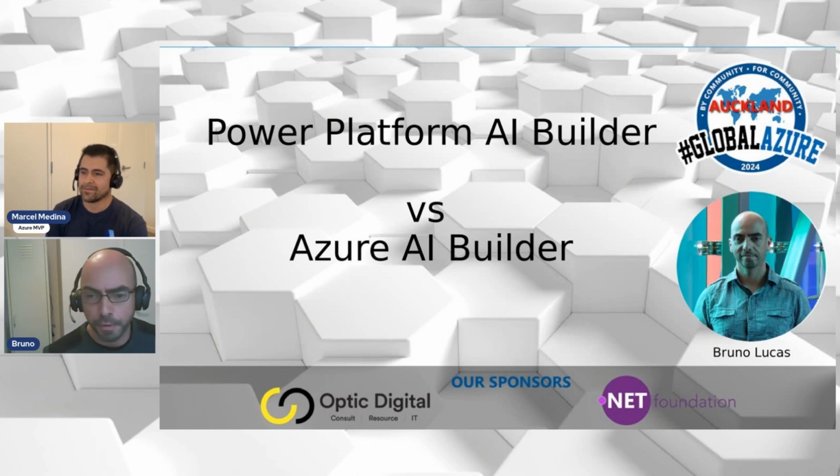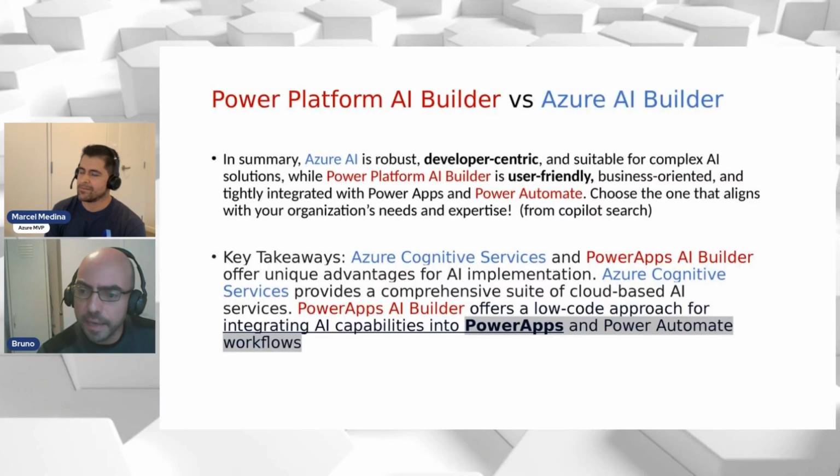Power Platform or vice versa, and the Power Platform AI Builder is quite powerful, but it is more... The main difference is, if you go in Google, what's the difference between the two?